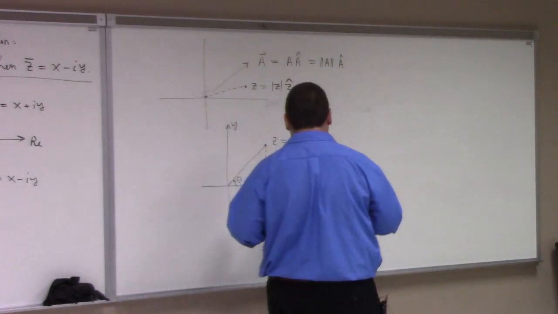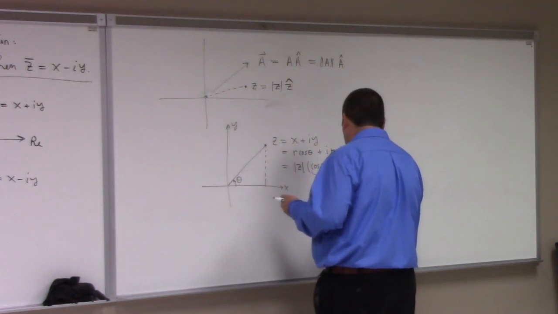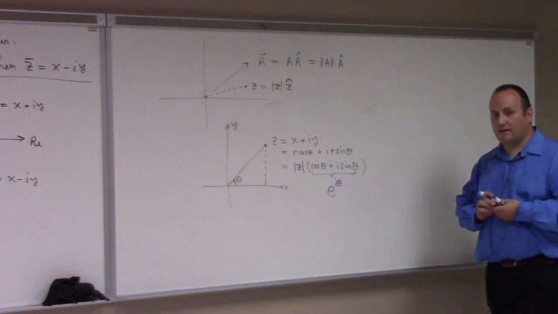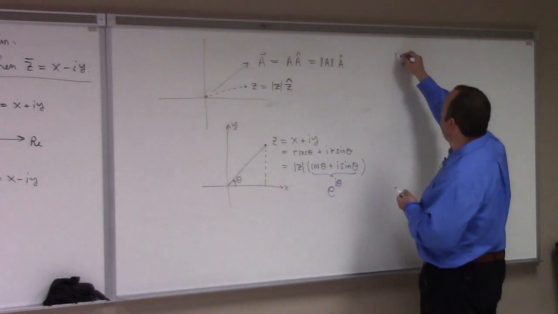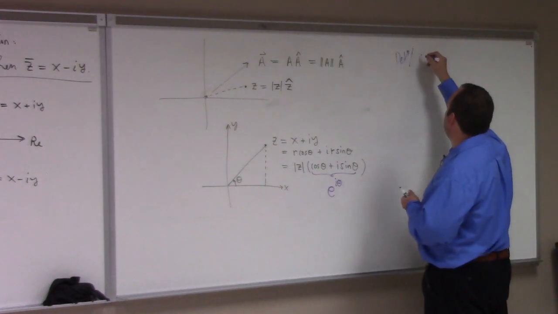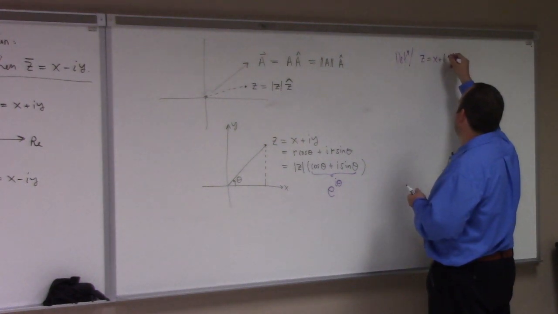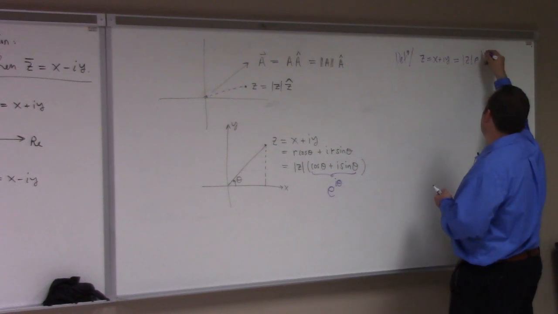So this is so special, we have another notation for it. This is called e to the i theta. That's the definition of e to the i theta. E to the i theta, by definition, is cosine theta plus i sine theta, right? And so that's the polar representation of a number. Definition: Z equal to x plus iy is equal to the modulus of Z times e to the i theta.